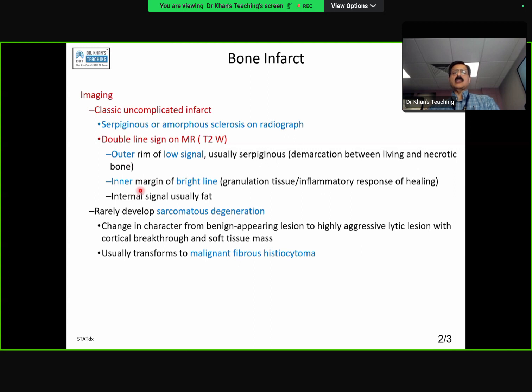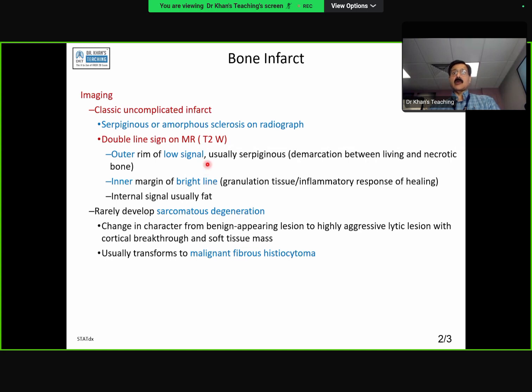Then there is an inner margin of bright line. What is that bright line? That bright line is granulation tissue or inflammatory response. Internal to that will be either fat, or if fat is not present and it is all necrotic, then it will be lost. Double line sign, by definition, is a sign seen on a T2 weighted sequence.